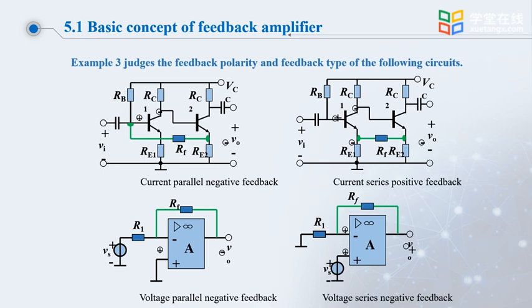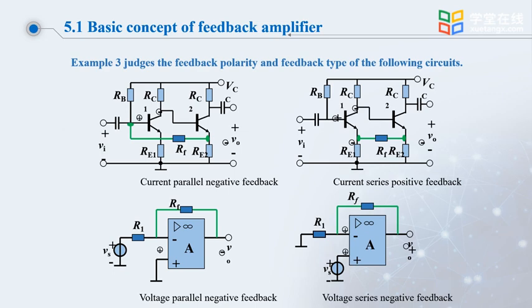VBE has an increasing trend. Now the base gives an instantaneous positive, so it leads to a tendency for the net input voltage of the entire basic amplifier to increase instantaneously. So it's a positive feedback. This circuit is a current series positive feedback.